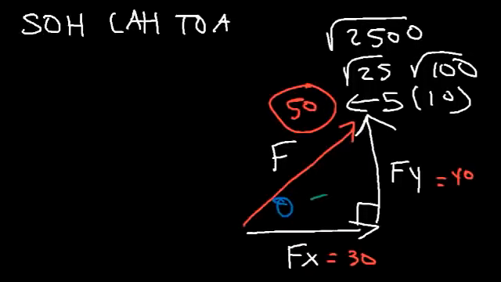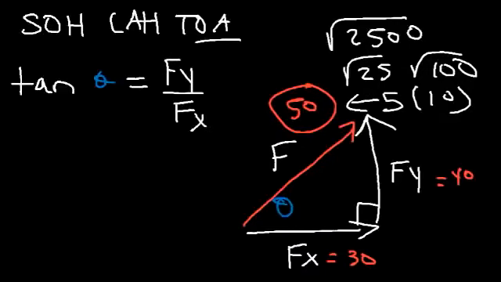Relative to theta, Fy is opposite to it, Fx is adjacent or next to it, and the hypotenuse is always across the box. So tangent theta is equal to O over A, opposite over adjacent, so Fy divided by Fx.